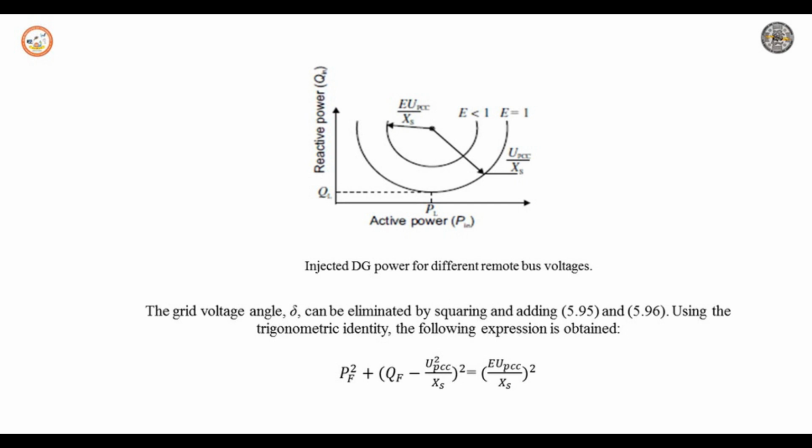The power circle is represented by injected DG power with a constant local load. In this case, the injected active power of DG should be kept within the following limit, in order to have a real solution for the reactive power: P_L minus E/X_S is less than P_DG is less than P_L plus E/X_S.